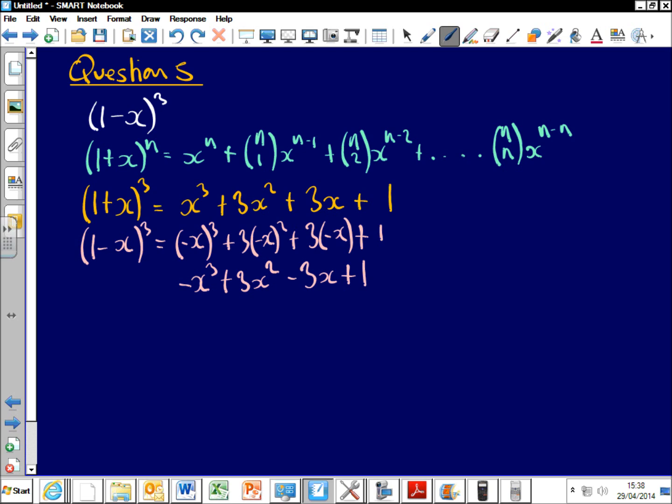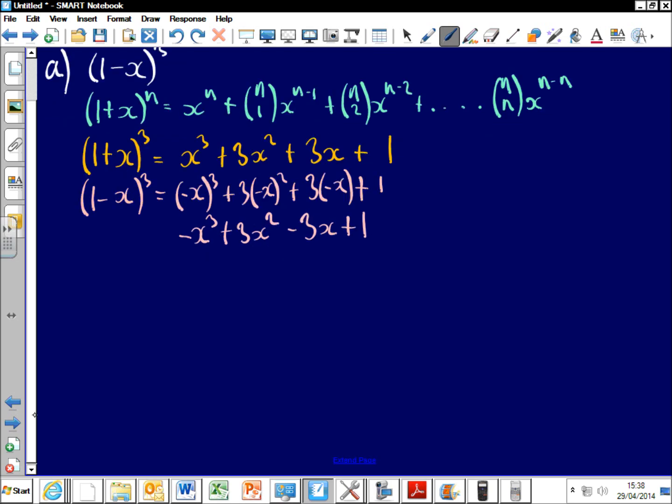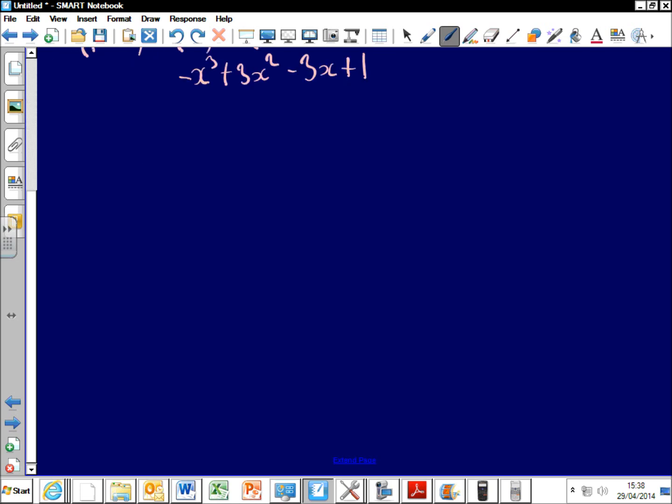So that's part A. For part B, it's asking you to do the expansion of this thing here, and it requires you doing the expansion of 1 plus y to the power of 4. So you should be able to do this one as well.